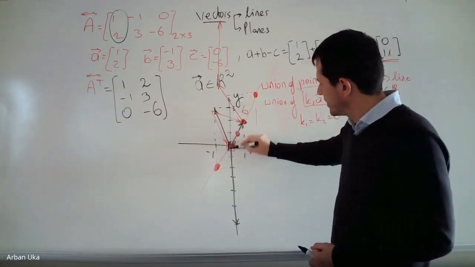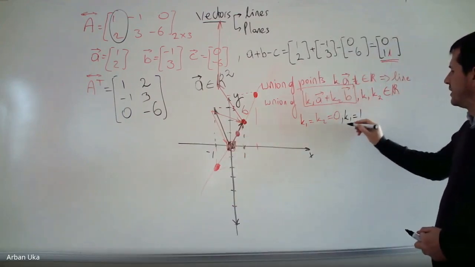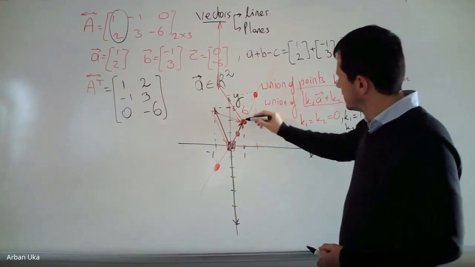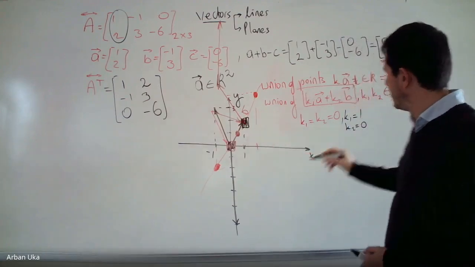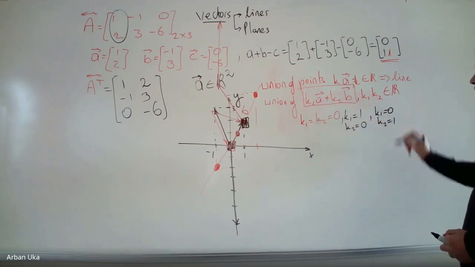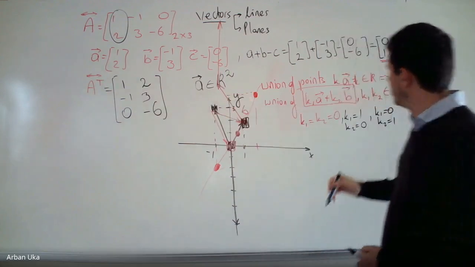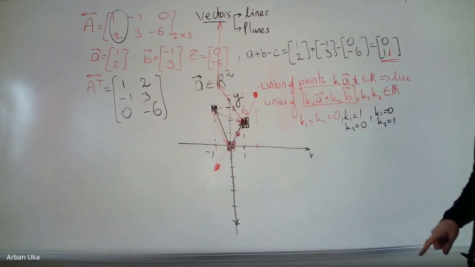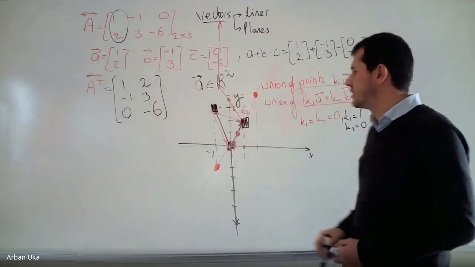If k1 is equal to 1 and k2 is equal to 0, we get a black square right here, okay? If k1 is equal to 0 and k2 is equal to 1, we get this other vector, right? Because this is a linear combination, so we're getting just the A or B separately. So far, we made here also a black square.